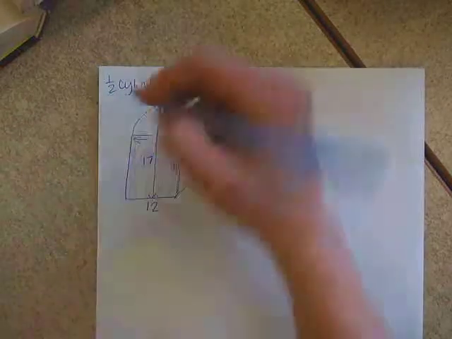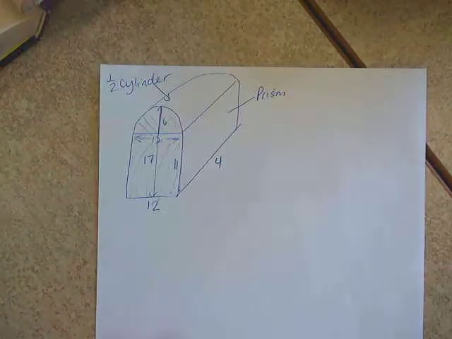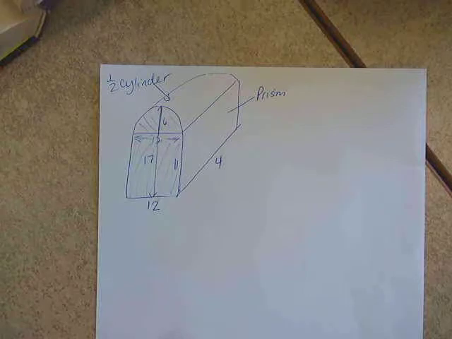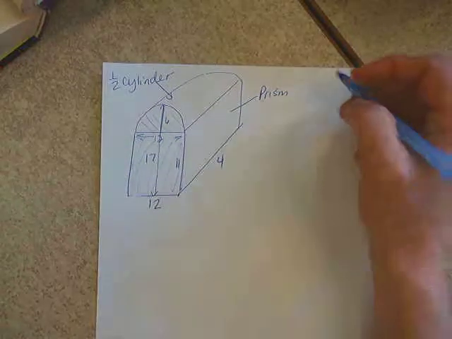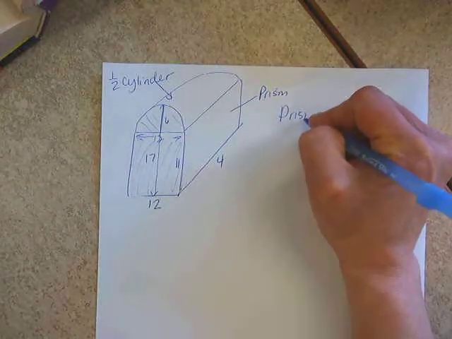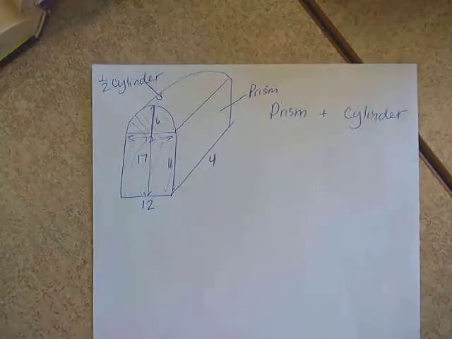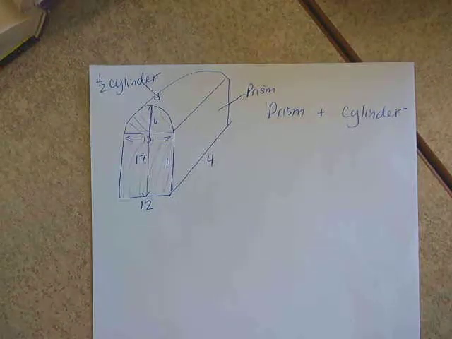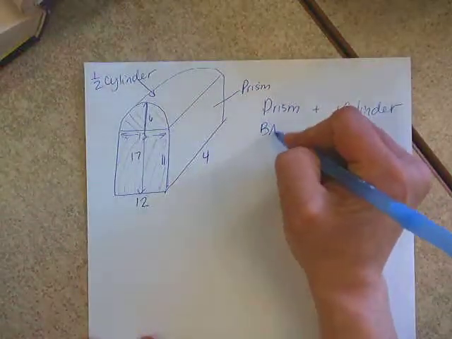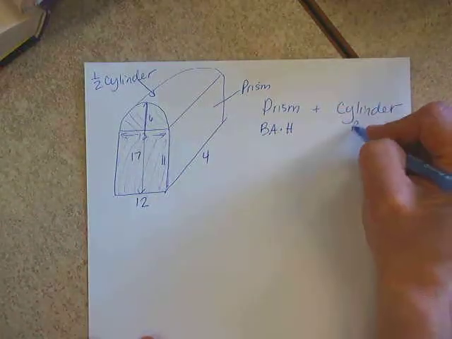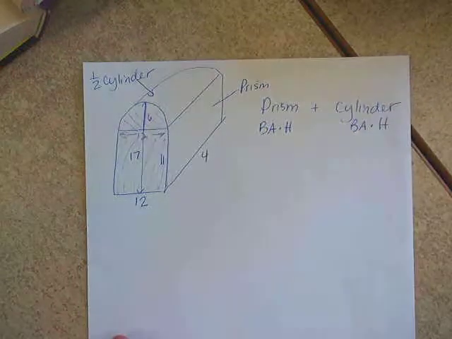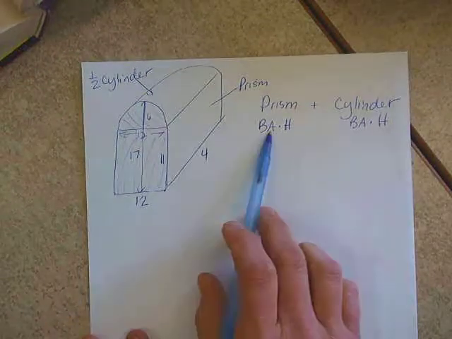So I'm going to count this as the base of my prism and that as the base of my cylinder. Okay? And we're going to do them separately, prism plus cylinder. So base area times height, and a base area times a height here.